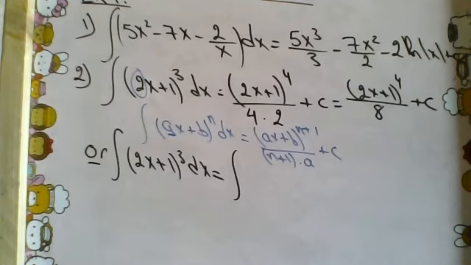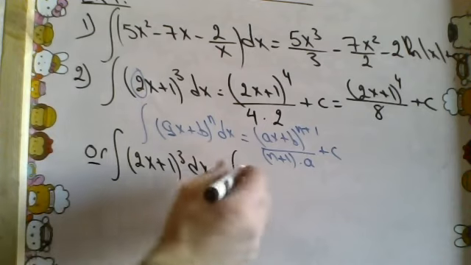Expand. We do 2x cubed plus 3 into 2x squared plus 3 into 2x plus 1. Expand the identity a plus b to the power 3.